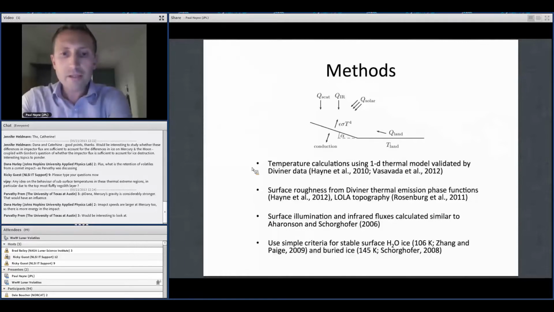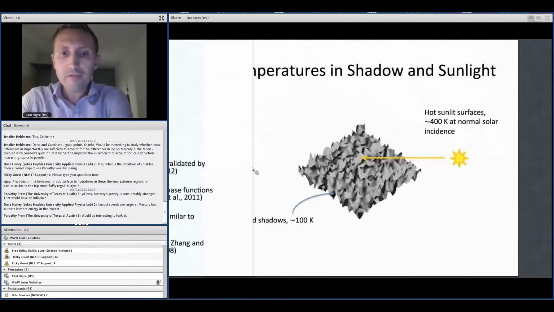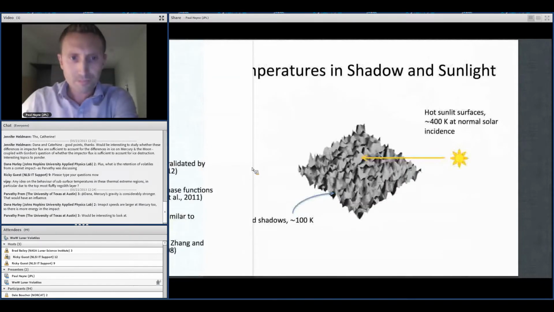And then the cutoff for buried ice is based on work that Norbert Schorghofer has done, which shows that at about 145K, ice buried beneath a surface lag deposit of a meter or so is stable on geologic timescales. That's for the mean annual surface temperature. So the two cutoffs are 106K for the maximum temperature and 145K for the mean annual temperature.